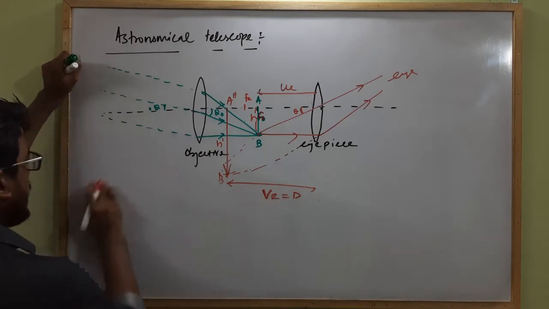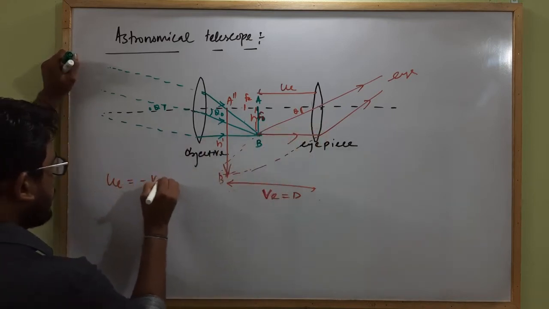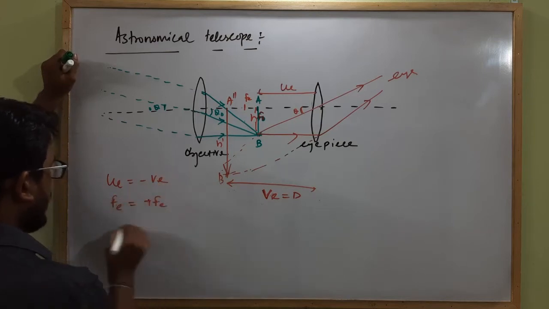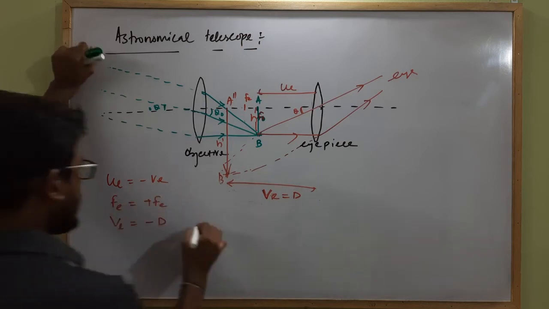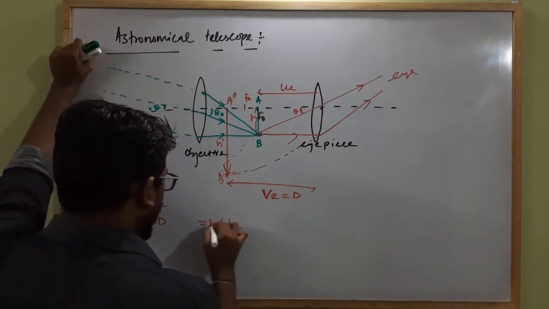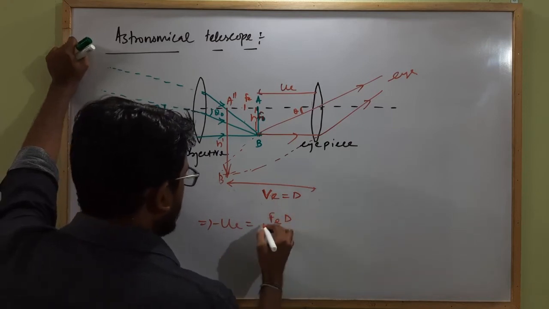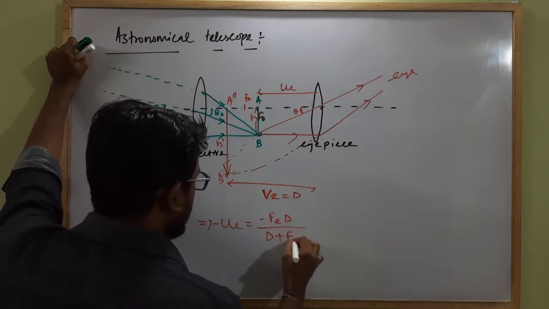So by using sign convention for the eyepiece, we have UE is negative, FE is positive, and VE is negative, that is minus d. So by solving this, we will get minus UE equal to FE into d minus FE into d divided by d plus FE.